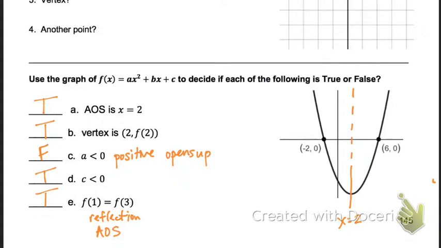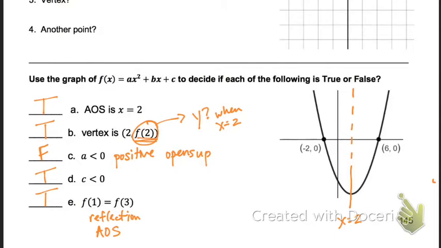Vertex is 2 and then f of 2. What this means, we have to think way back to unit 1. F of 2 is the function when x equals 2. What is my y value when x equals 2? That's what f of 2 is. It's the y value when you're plugging in 2 for x, which is what we're doing to find the vertex.